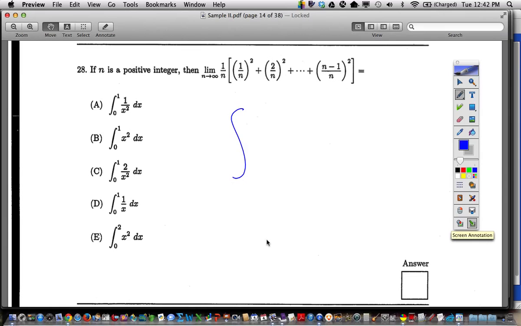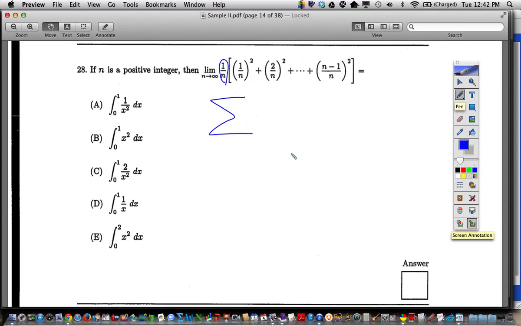Oh, yes, that's true. It didn't give it to us as a sigma. There is a sigma here, right? Let me back up a minute. Maybe it would be best to write the sigma first.